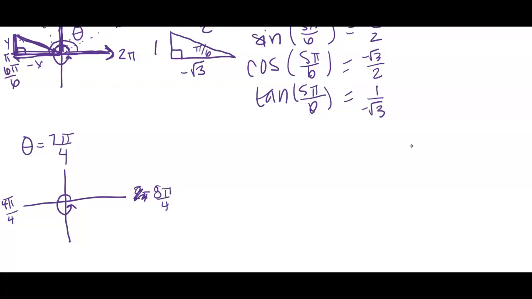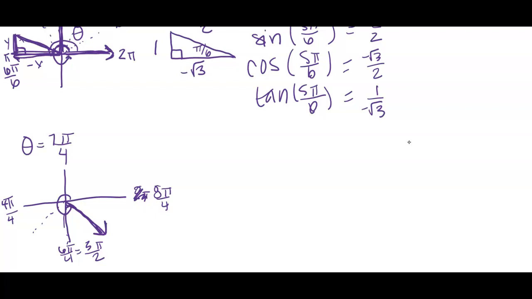Therefore, if I need 7 pi over 4, I'm going to say that this is 5 pi over 4, 6 pi over 4, which is 3 pi over 2. And so 7 pi over 4 is going to be right here.